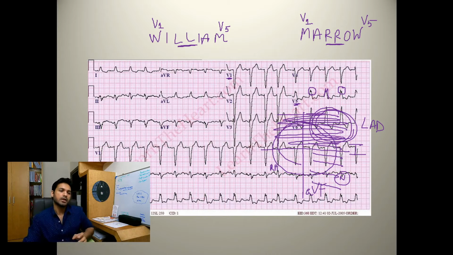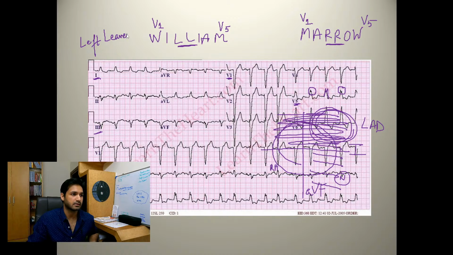Okay, another method to look at left ventricular hypertrophy or left axis deviation would be to look at leads 1 and 3. How I remember is that left leaves and right reaches. So you look at the QRS complex. Over here it's positive, over here it's negative.